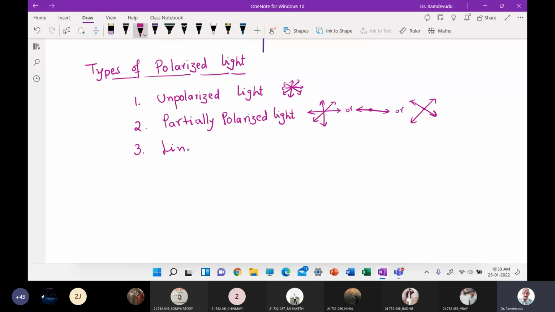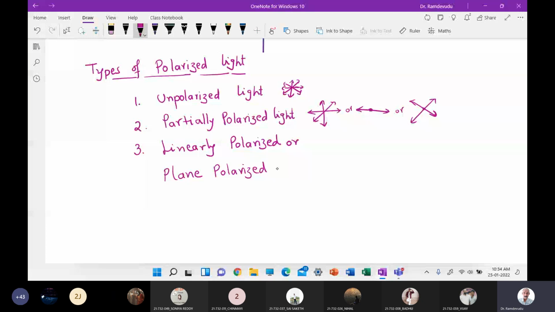linearly polarized light. But now they are not calling it linearly polarized, they are calling it plane polarized light. Linear means confined along a direction, which is basically in a plane. Therefore, we call it plane polarized light.